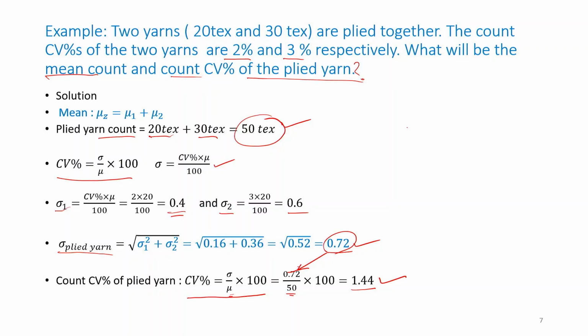That means if Z is the plied yarn count, then it will be 2x1 plus 3x2, where x1 represents one particular count and x2 represents the other count of the yarn. So this is your A1 and this is your A2.